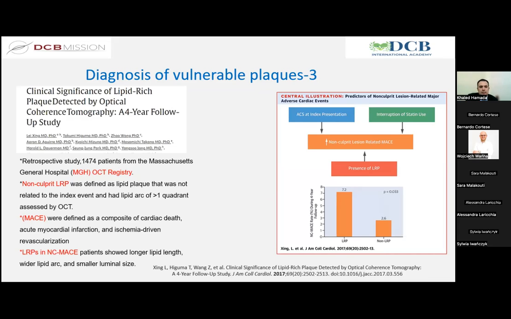They defined MACE as a composite of cardiac death, acute myocardial infarction, and ischemia-driven revascularization. As we can see in this graph, lipid-rich plaques have higher MACE than non-lipid-rich plaques. Also, they found that lipid-rich plaque patients showed longer lipid length, wider lipid arc, and smaller luminal size.